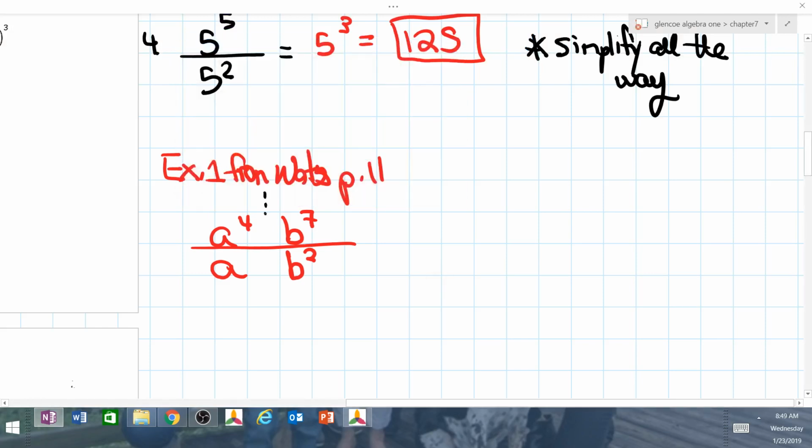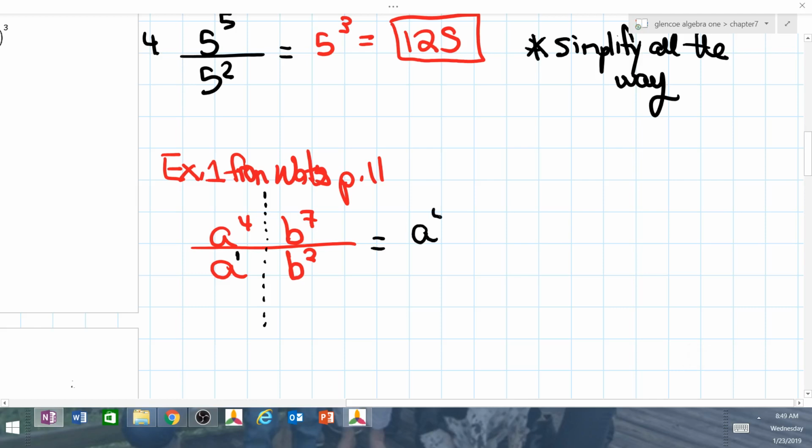I actually just go ahead and put a dotted line down there because that helps my mind compartmentalize. So I keep the a's together, I keep the b's together. And then this is what I do. Remember, if there's no exponent, there's a 1.